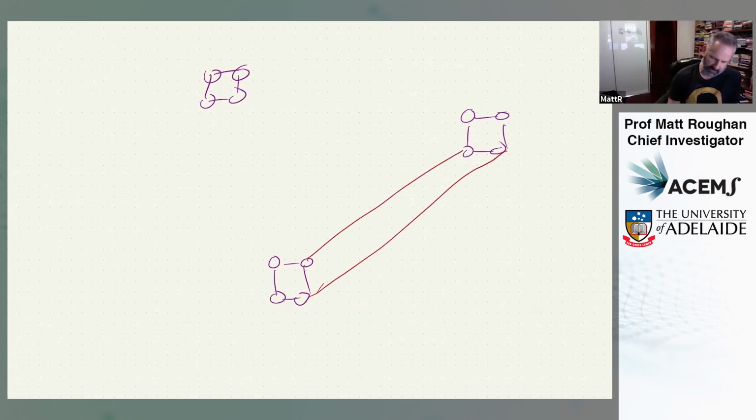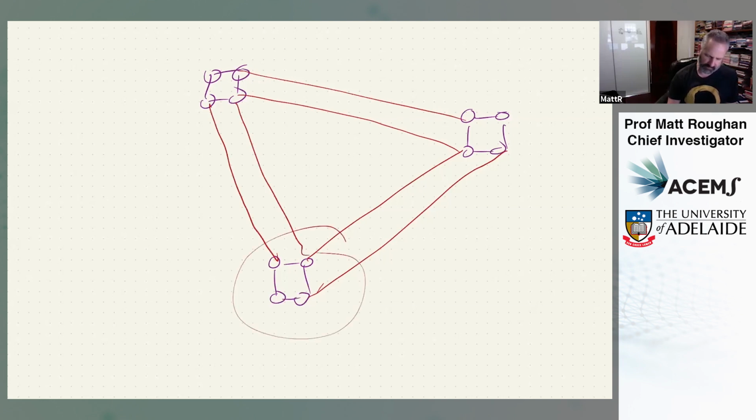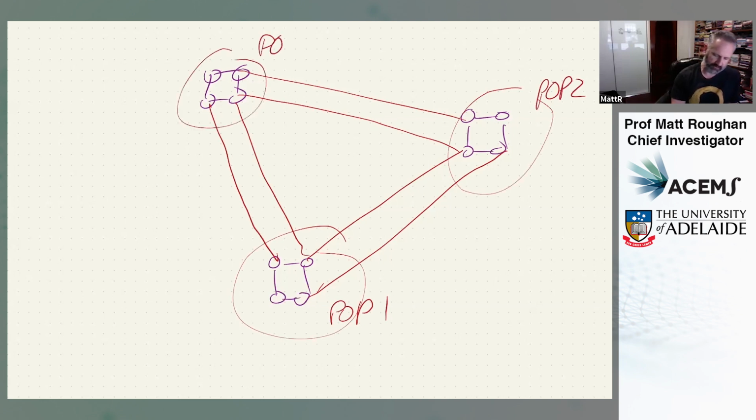It might have these things we call pops, and then these pops are joined together in a really regular way. This would be, say, pop, point of presence 1, point of presence 2, point of presence 3.